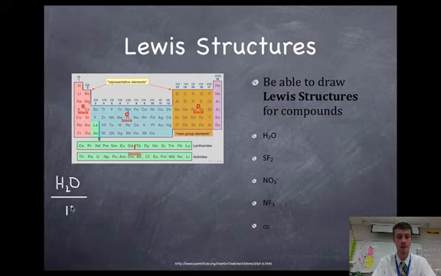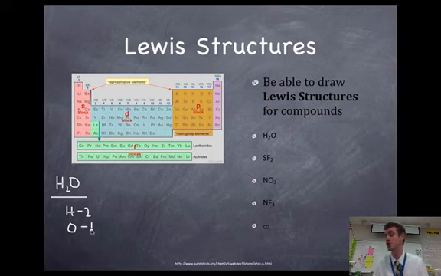So I have hydrogens and I have oxygens. When you take inventory, you have to know how many: I have 2 hydrogens and 1 oxygen. What I'm trying to do is count up the total number of valence electrons I'm going to have in my Lewis structure. So I multiply these numbers by the number of valence electrons from the periodic table, which I've talked about earlier in this video.